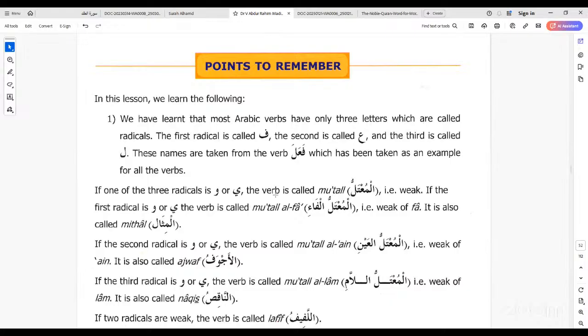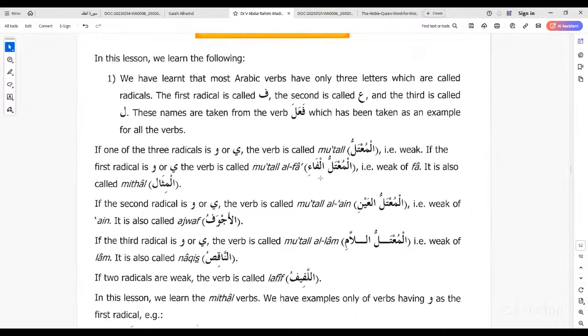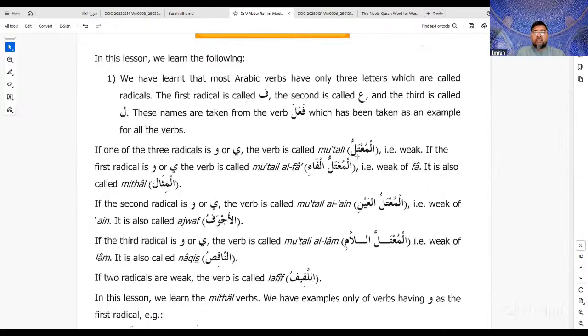If one of the three radicals is waw or ya, the word is called mu'tal. Mu'tal literally means weak, because alif, waw, and ya are the weak letters, so it's called fi'l al-mu'tal, the weak verb.